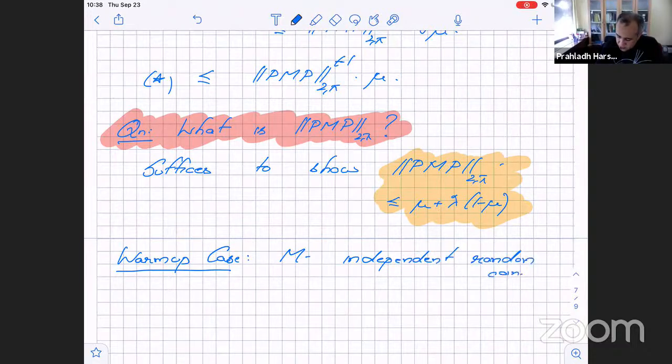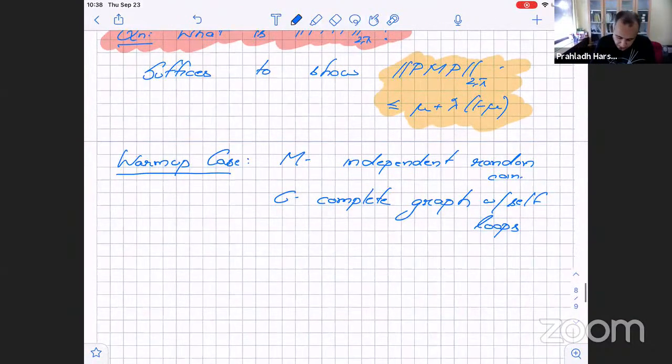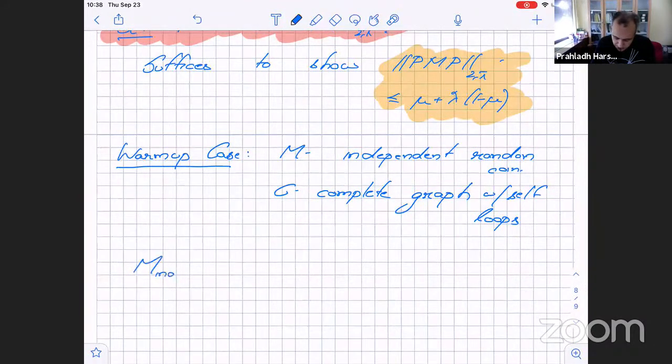That is, G is the complete graph with self loops. In that case, do I know how to bound this P M P to the 2-norm? So let's stare at what we'll call M independent.